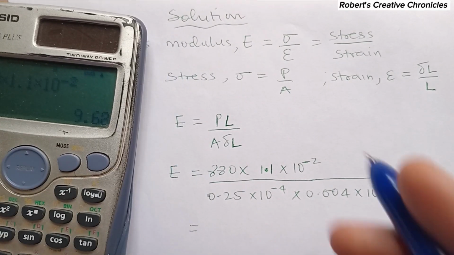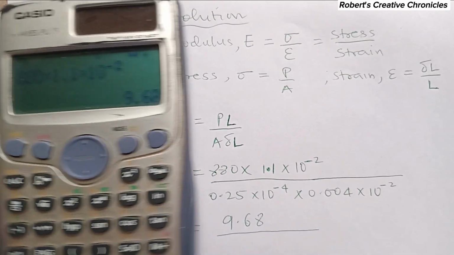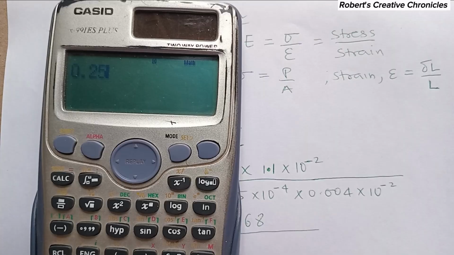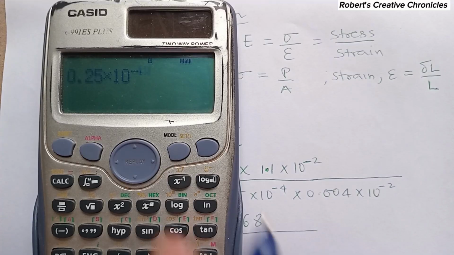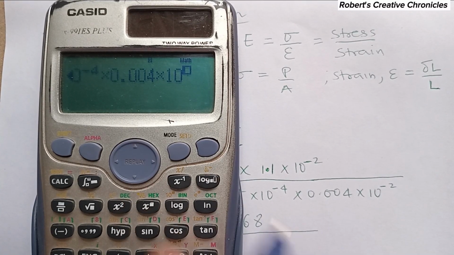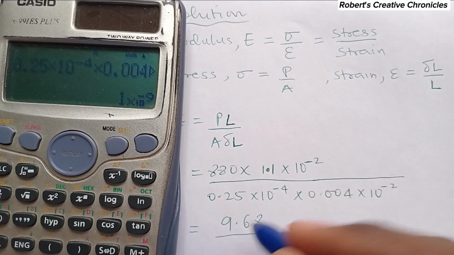This is 9.68. 9.68 divided by 0.25 times 10 raised to the power of minus 4 times 0.004 times 10 raised to the power of minus 2. This is 1 times 10 raised to the power of minus 9.